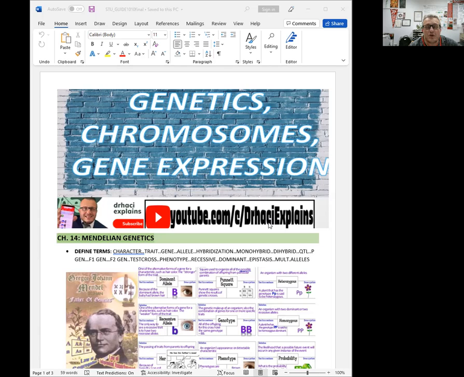Mendel used pea plants, Pisum sativum, as his model system, and there were a lot of advantages to pea, including many different varieties that naturally exist, with many different traits like flower color, height, pod size, seed color, and seed size.